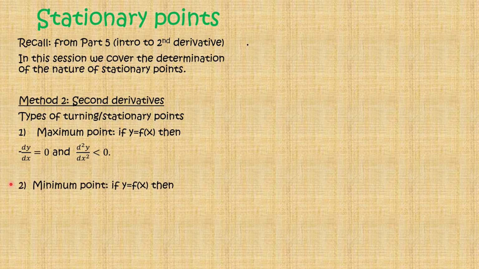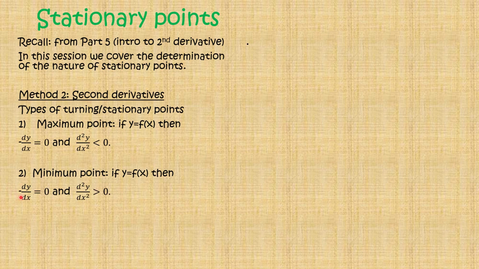Secondly, we have the minimum point. For the minimum point, we have the first derivative being equal to 0, as usual. However, the second derivative is greater than 0. So take note, if the first derivative is 0 and the second derivative is greater than 0, meaning positive, it implies that we have a minimum point.